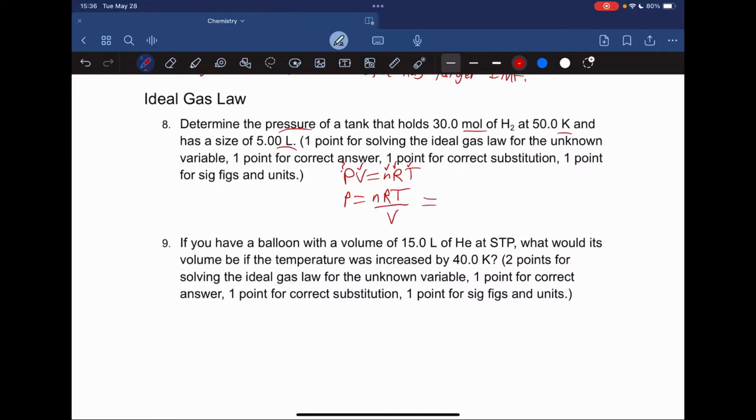And we're going to plug in our numbers. So that's 30.0 moles. And we're going to multiply that by our constant, which is 0.0821. And the units for this constant are atmospheres times liters divided by mole times Kelvin.